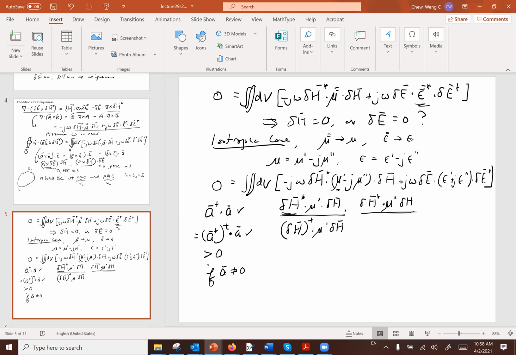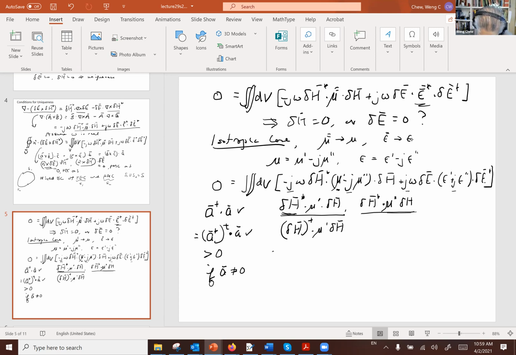And if I were to take the real part of these equations, then the mu double prime and mu prime would separate out. You can see that this minus j would convert this into a real number. And then this j and this j would also convert this to a real number.